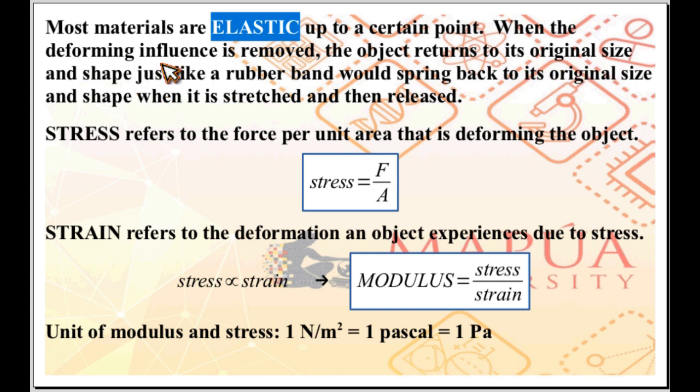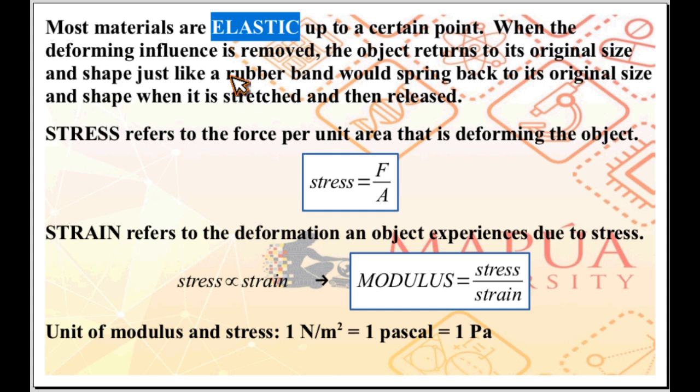So if we deform, the object will deform. But if we remove the deforming influence, the object will return to its original size and shape. The material the object is made out of is elastic.